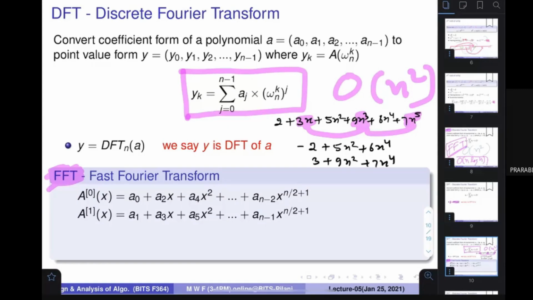I say that this is expression 0, and this is expression 1. So can I write the expression is equal to expression 0 of x square?